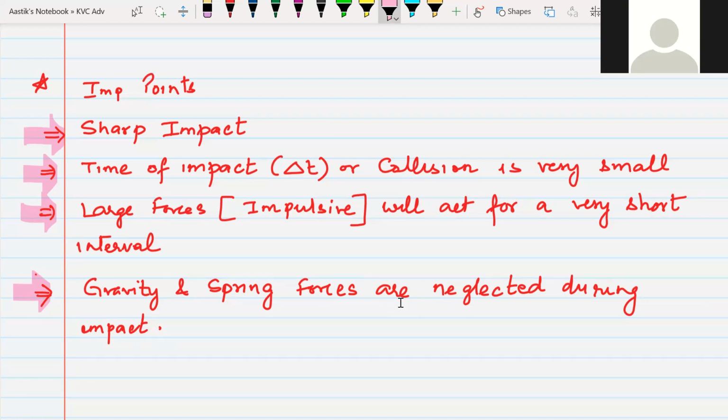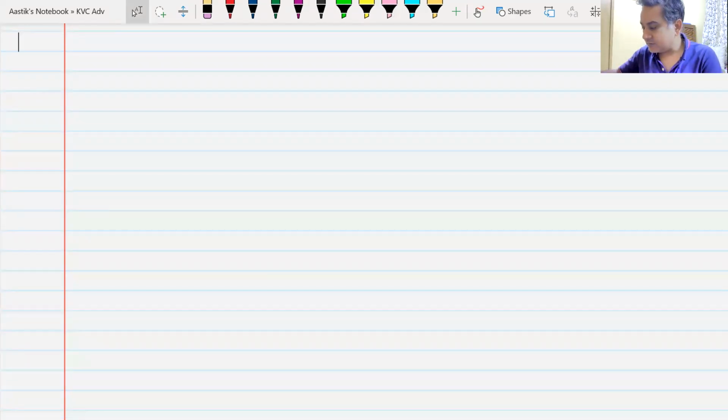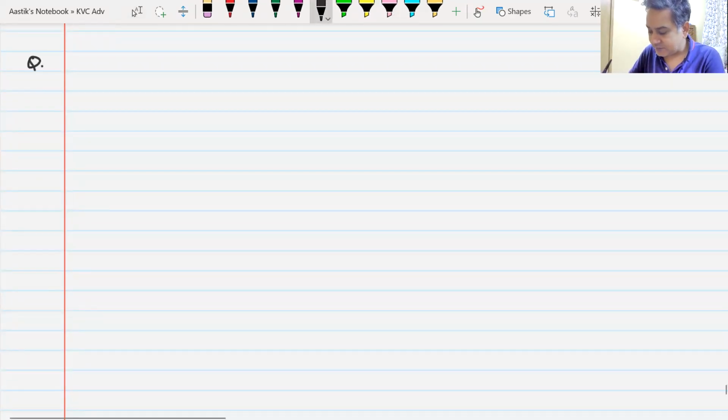So we move ahead, and we have written that the gravitational force is not very impulsive. Let us try to understand it with an example. Let me take the example of this type of collision. This is the ground, and a ball is falling.